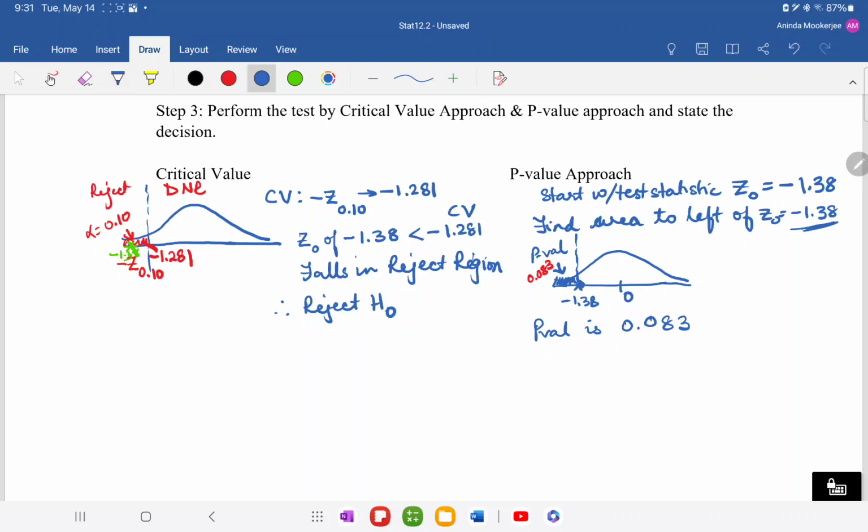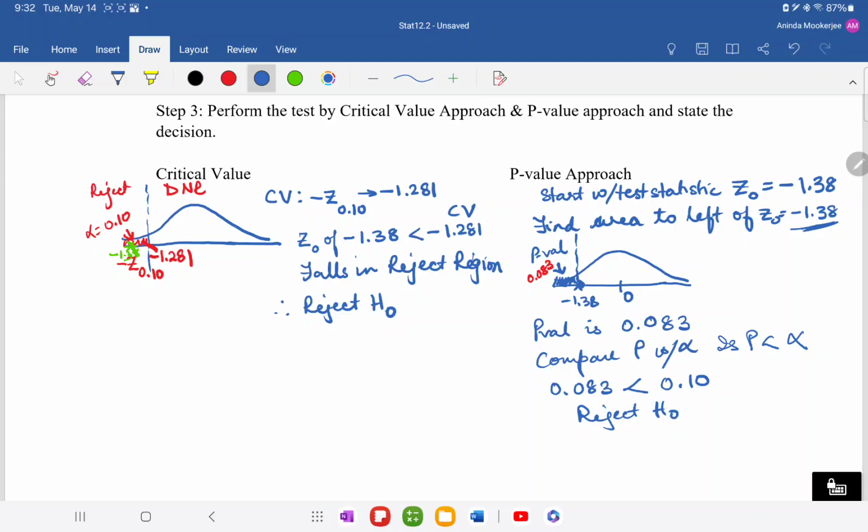Now we compare p with alpha. The question we are being asked is, is p less than alpha? If it's less than alpha, then we reject the null hypothesis. P has a value of 0.083 and our alpha value was 0.10. So 0.083 is less than 0.10. Because it's less, we can reject the null hypothesis.